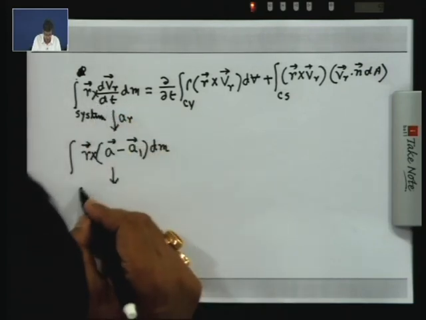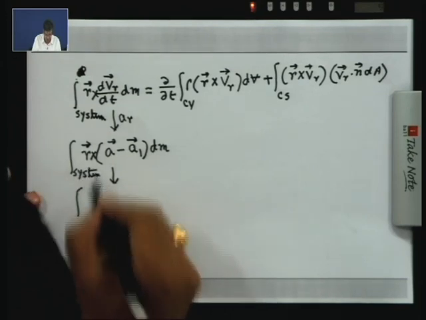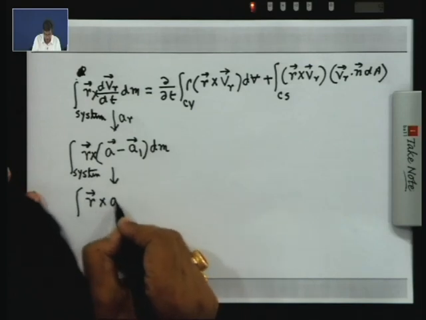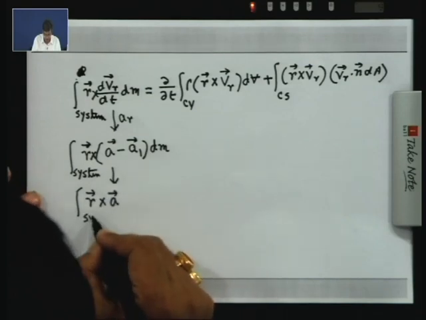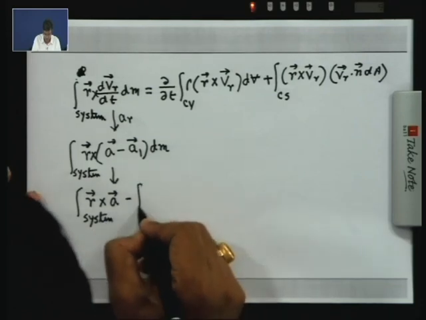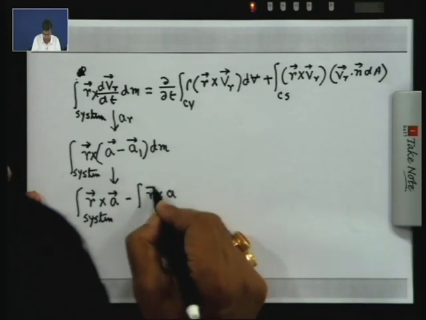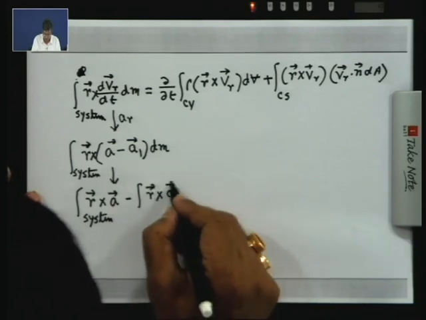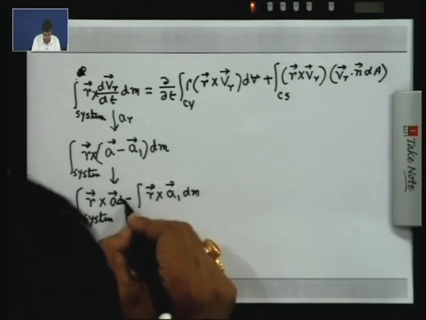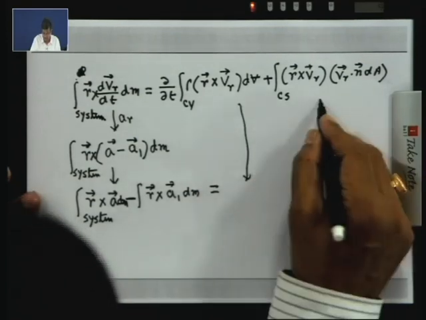So this can be written, for the system, as r cross A for the system dm minus r cross, the radius vector, A1 dm. This part remains as it is.